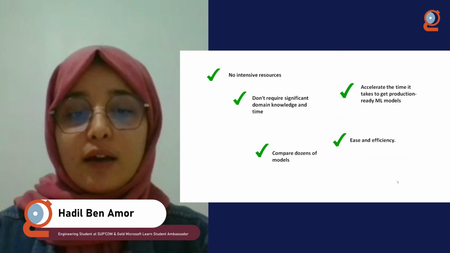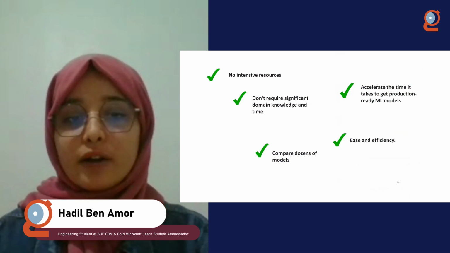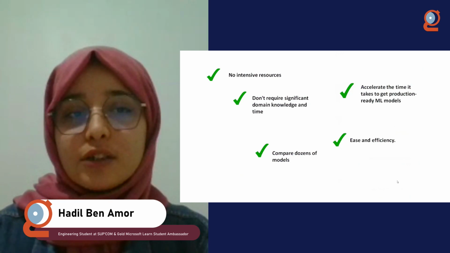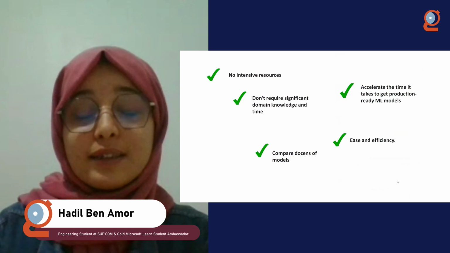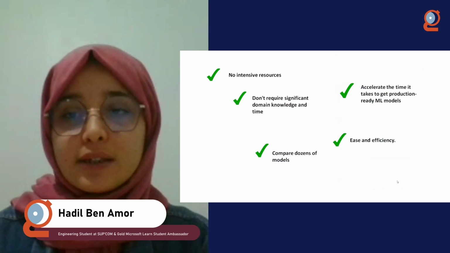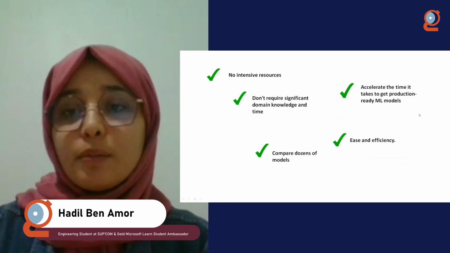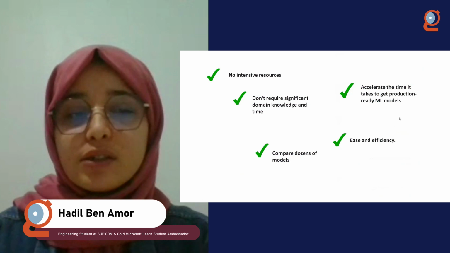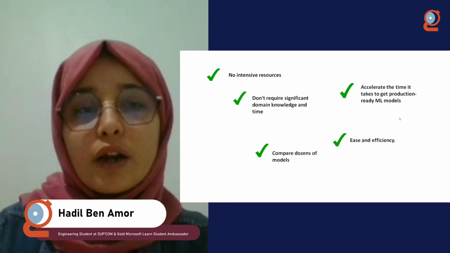You won't need to compare dozens of models and search for the best model, because automated machine learning does this for you. Then you accelerate the time it takes to get production-ready machine learning models, and we won't forget the ease, efficiency, and quality of the model you are going to have.